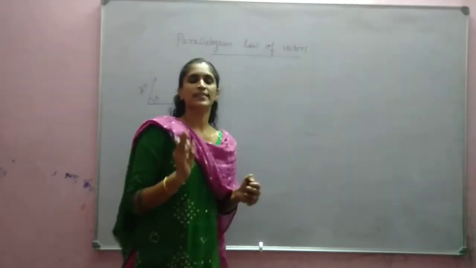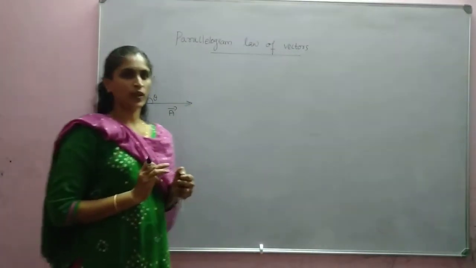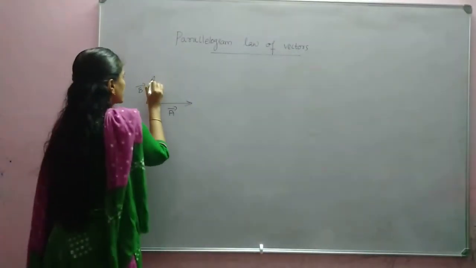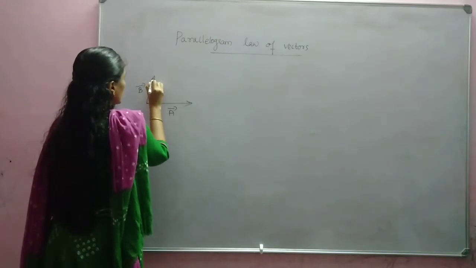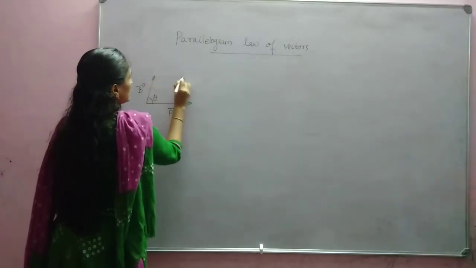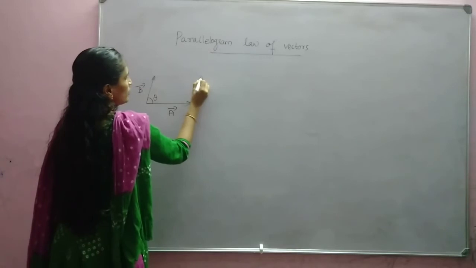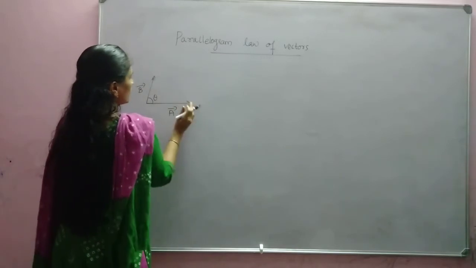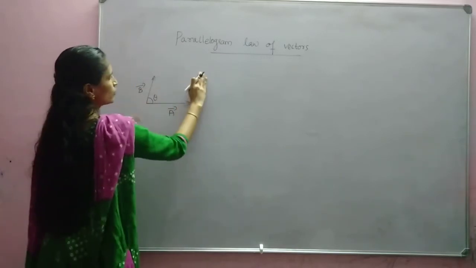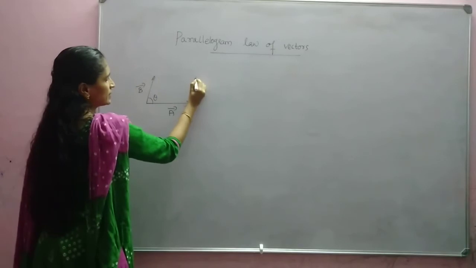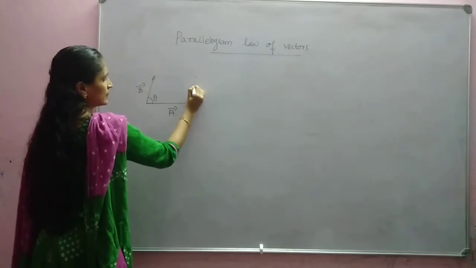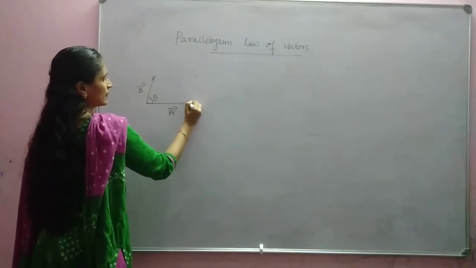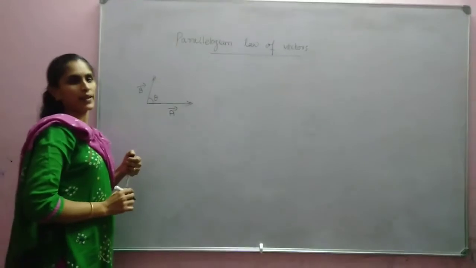The resultant is given by the diagonal. First of all, we can find the resultant of those two vectors. So what to do? We have to construct this parallelogram in such a way that this side is equal to this length and this. So we constructed the parallelogram.